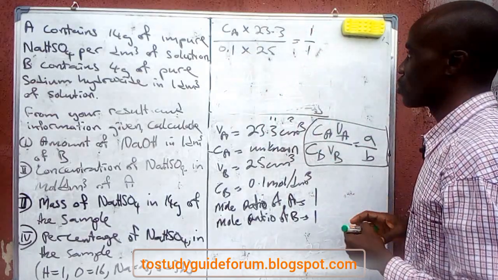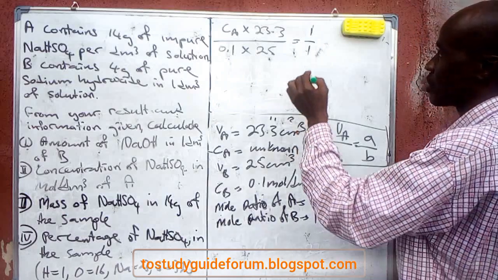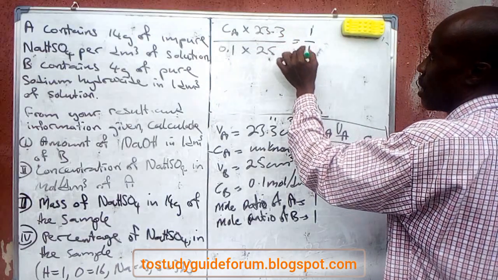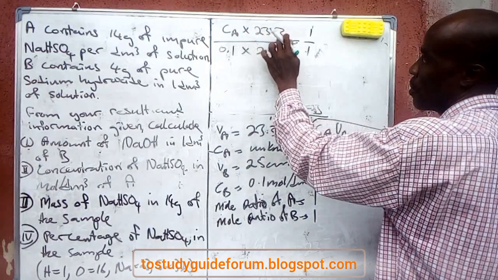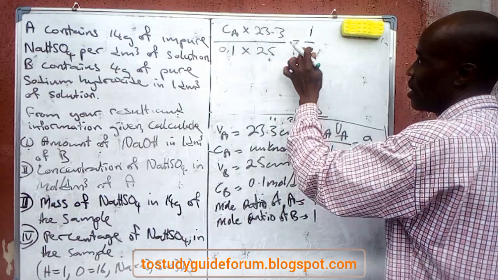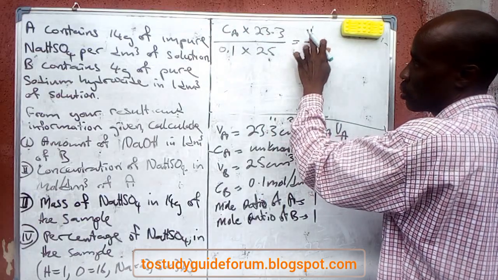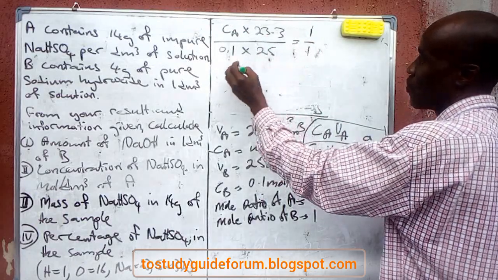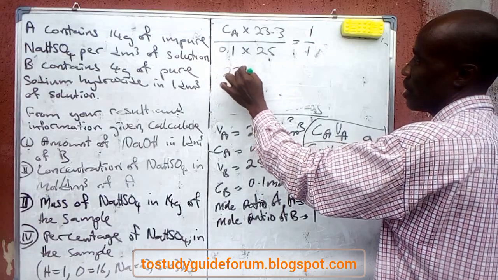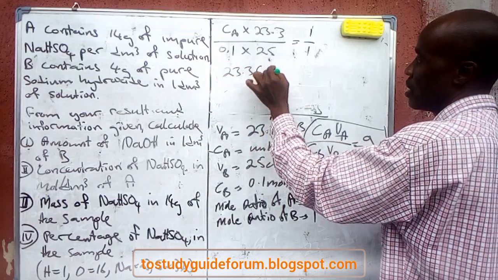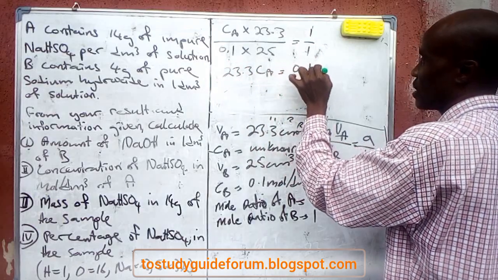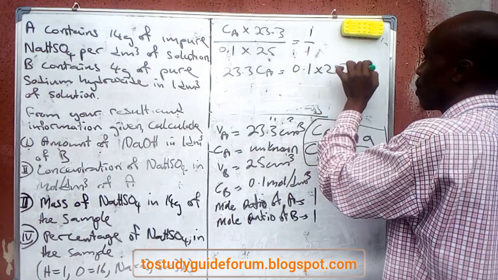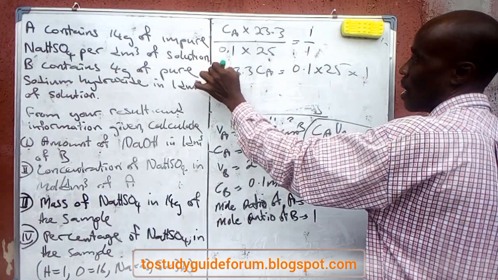So the next thing we are going to do here is cross multiply. If we cross multiply, that means 1 will multiply what we have up, and this one also will multiply what we have down. So if we do that, what we have is 23.3 CA equal to 0.1 times 25 times 1.